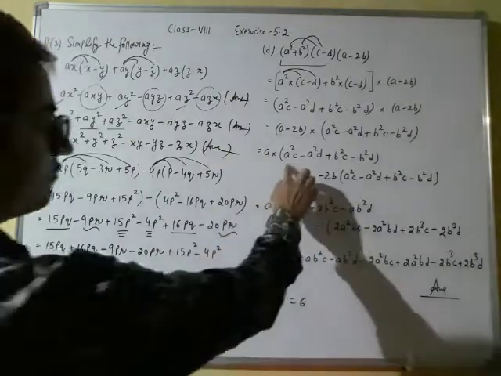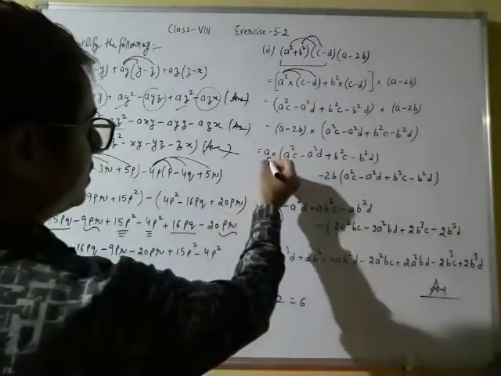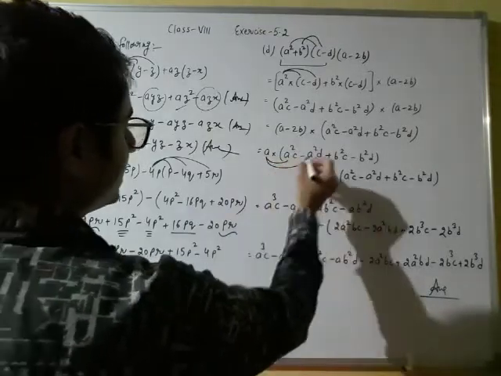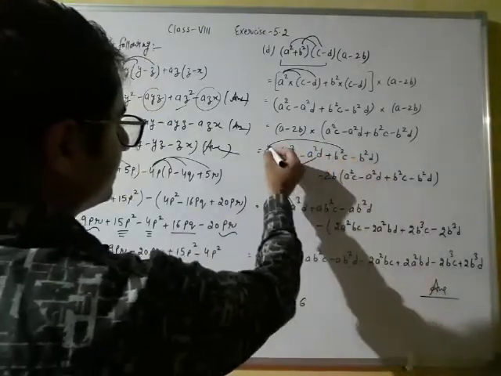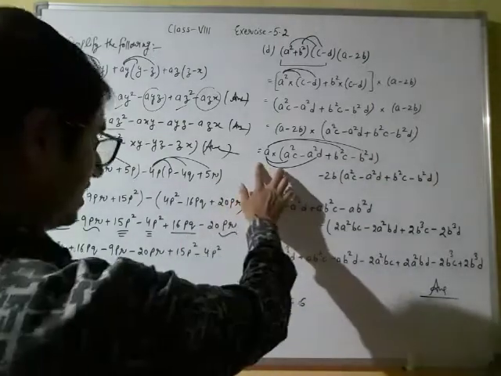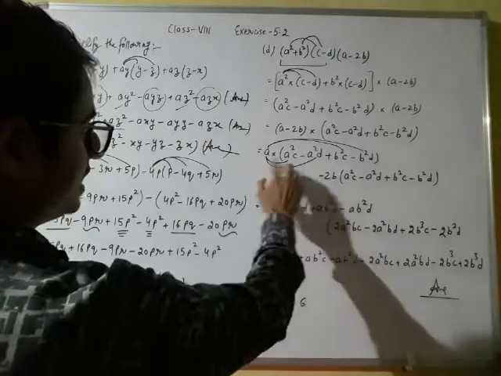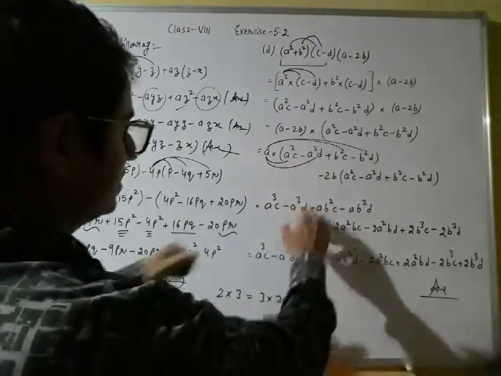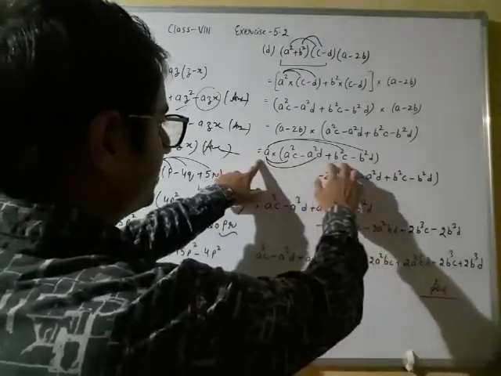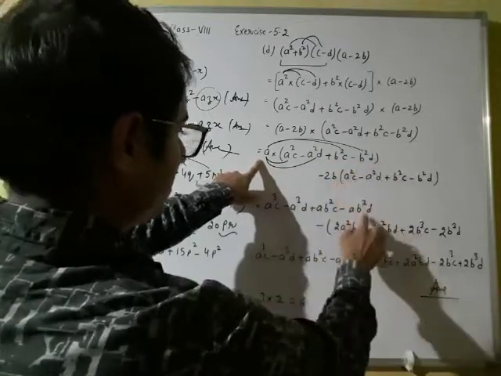Now we have 4 terms, so a will multiply all the 4 terms: first a square c, then a square d, then b square c, and then b square d. A into a square c is a cube c, plus minus minus, a into a square d is a cube d. Now a multiply b square c is a b square c, then plus minus minus, a b square d.